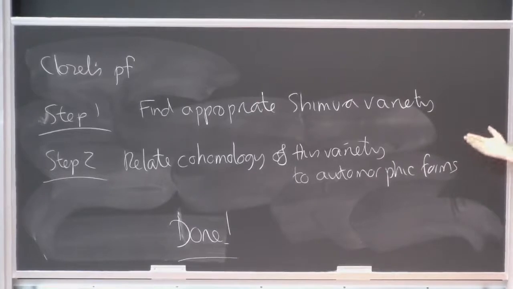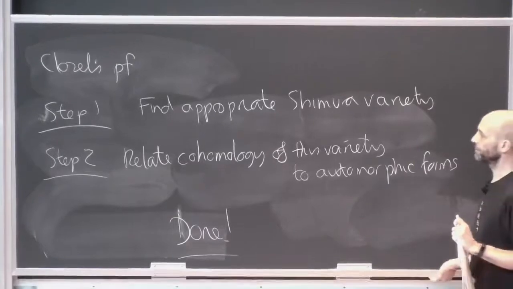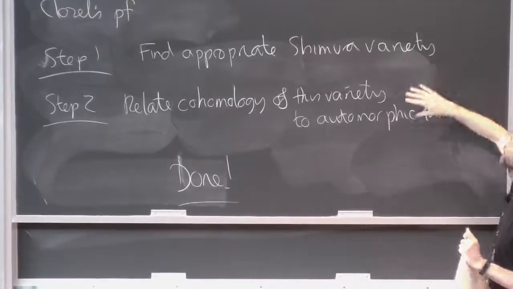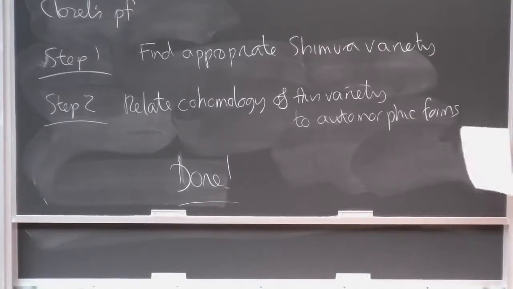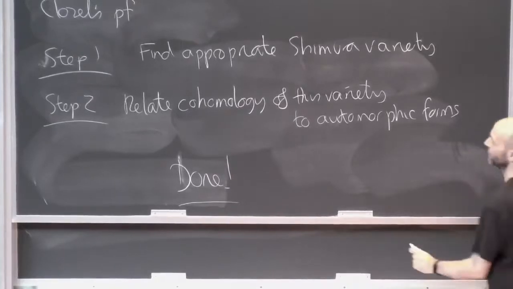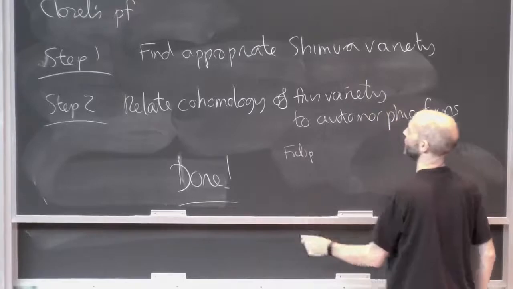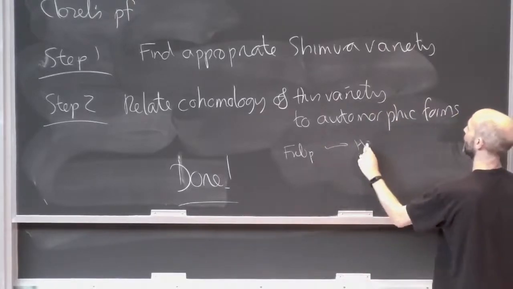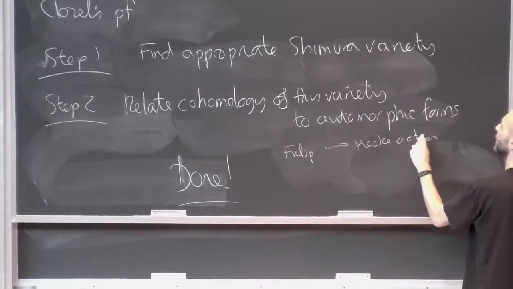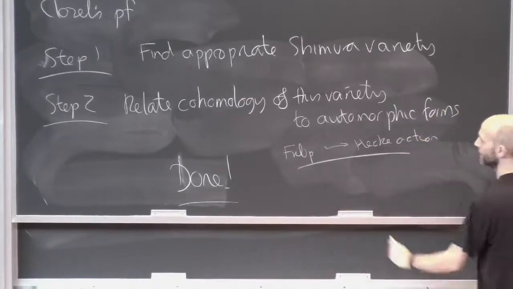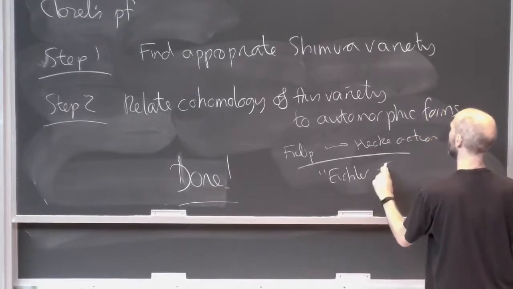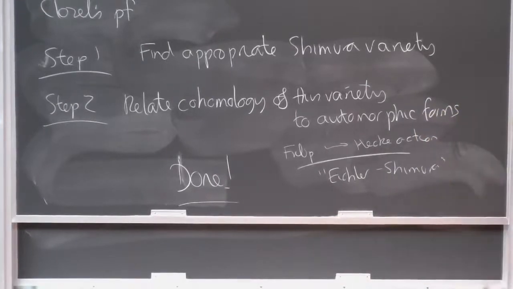We compute the cohomology of these varieties using a machine, and the machine spits out some relationship between the cohomology and various automorphic forms, and then we have Frobenius acting on the cohomology, and this is somehow related to some Hecke action. And there's something that needs to be understood here, and this goes under the name of Eichler-Shimura. There's some Eichler-Shimura relation telling us that Frobenius is related to Hecke. That's what Clozel's proof looks like.